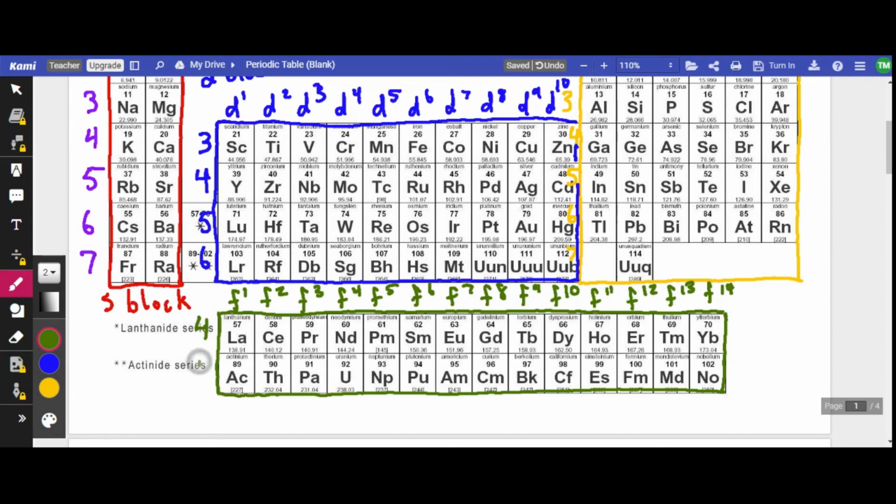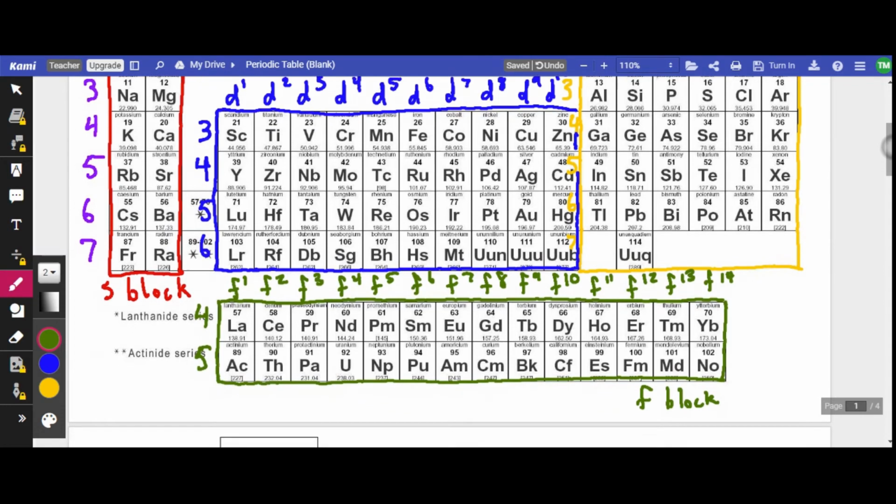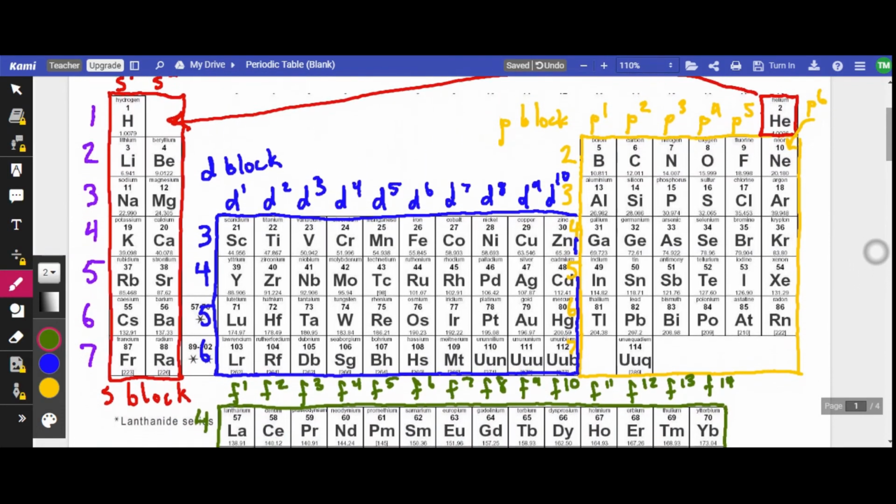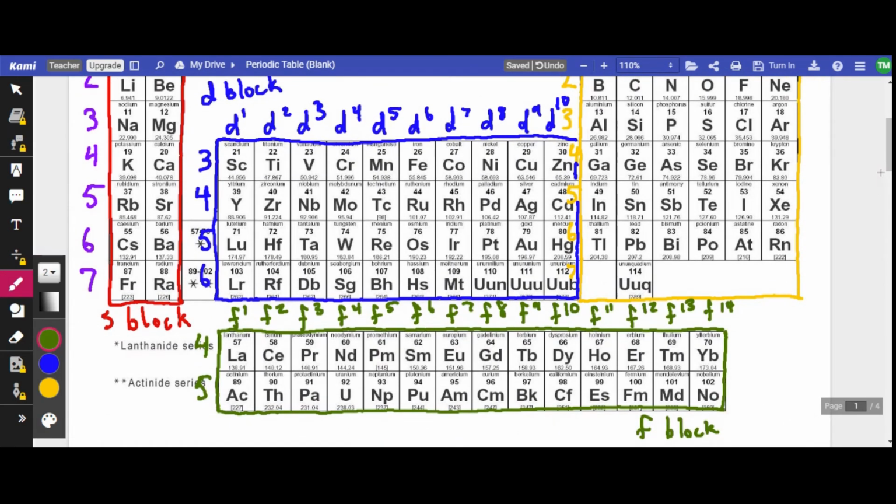And then this is going to be the 5th energy level going across from actinium to nobelium. Okay, so these are the blocks of the periodic table. Let me write an F block for this. All right. And we can use this to jump straight to the end of an electron configuration rather than counting all the way up until we run out of electrons.